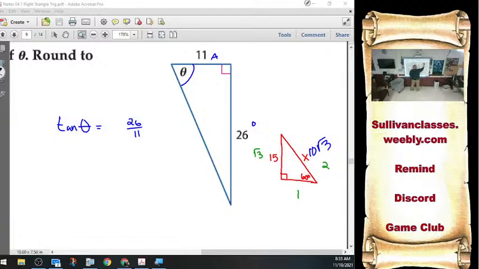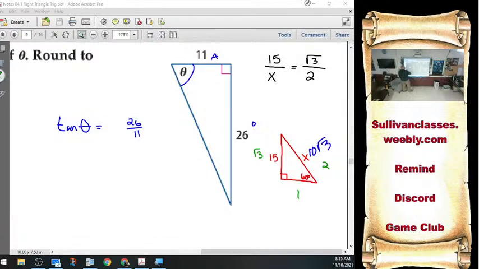If the long leg is 15 and the hypotenuse is x, and normally the long leg is in the square root of 3 spot versus the hypotenuse in the 2 spot, it's a ratio.